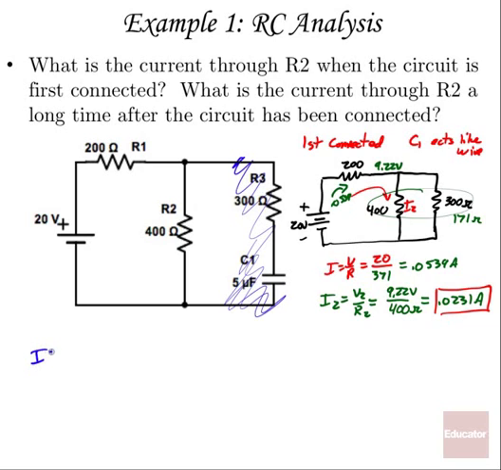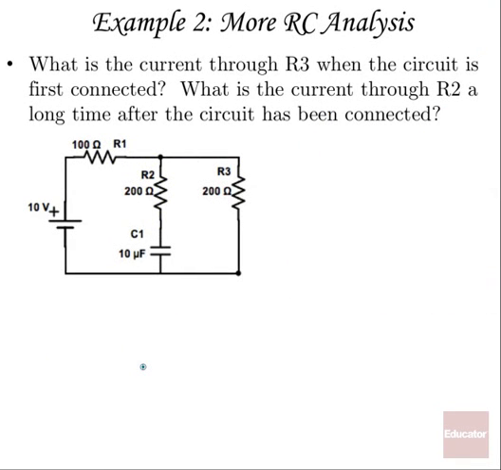So the current flowing through R2 at that point is going to be the total current in the circuit, which is V over R, 20 volts over our equivalent resistance. We've got two in series now, 200 plus 400, or 600 ohms, for a current of about 0.0333 amps. So simplify the circuit and figure out what you need using what we've already learned about circuit analysis.